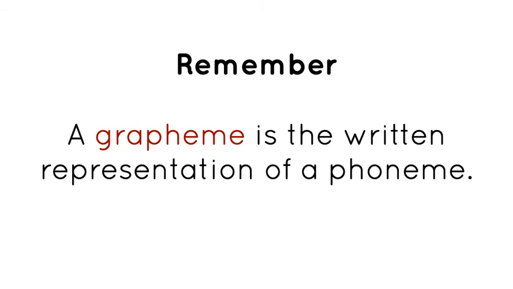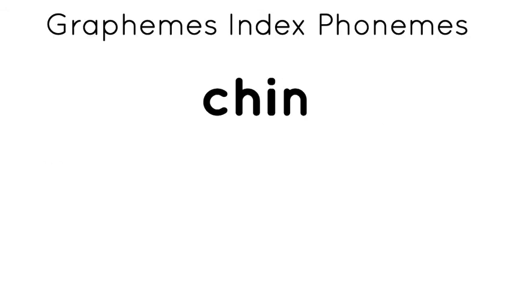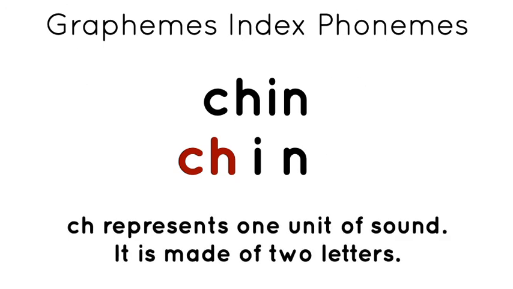Think back to chin. Here's my callback. If we segment chin into its individual sounds, we get ch, i, n. The interesting thing here is that ch, which is two letters, makes only one sound. So in this way, ch becomes the grapheme.